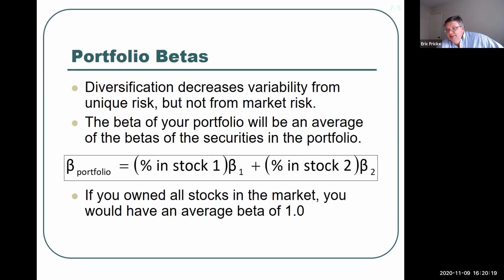So stocks that don't get hurt during a recession have betas less than 1 because they're less sensitive. But stocks that get really hurt when the overall economy gets hurt, like casinos, travel, and entertainment stocks, are going to have betas higher than 1.